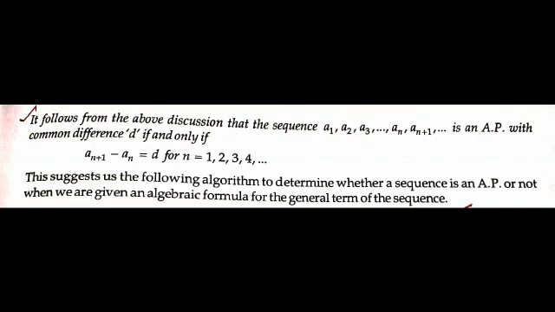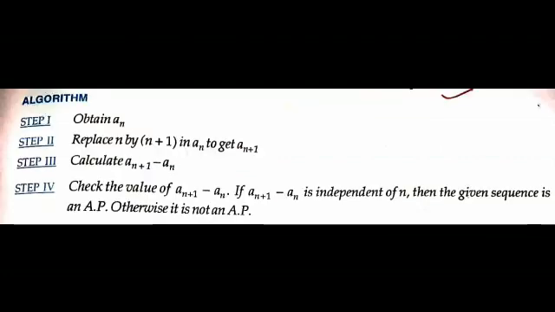This suggests the following algorithm to determine whether a sequence is an AP or not, when we are given an algebraic formula for the general term of the sequence. So here we have the algorithm, that is how to solve the problem. In step 1, first of all we will have to obtain the nth term, that is an.